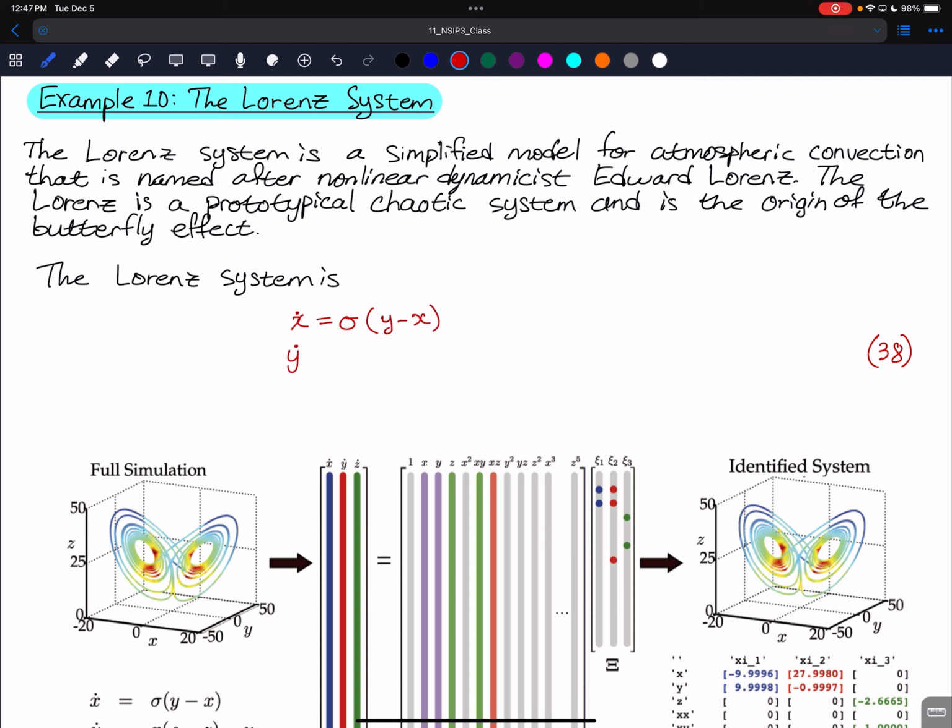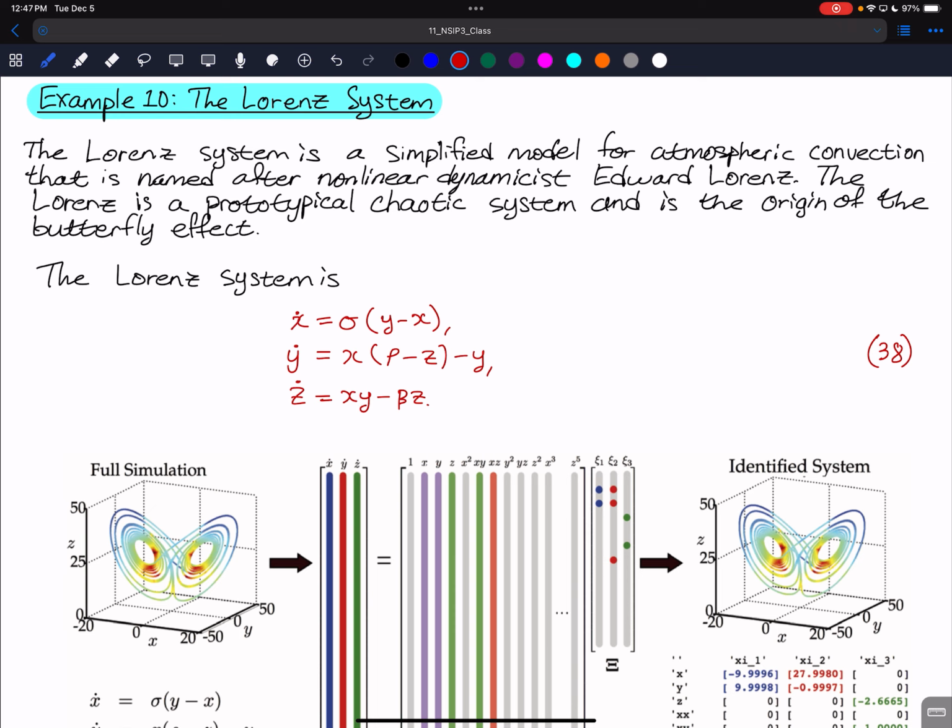Then y dot is equal to x times the quantity rho minus z, minus y. And then the last state equation is z dot is equal to xy minus beta times z. So here the parameters are sigma, rho, and beta, and the state variables are x, y, z.